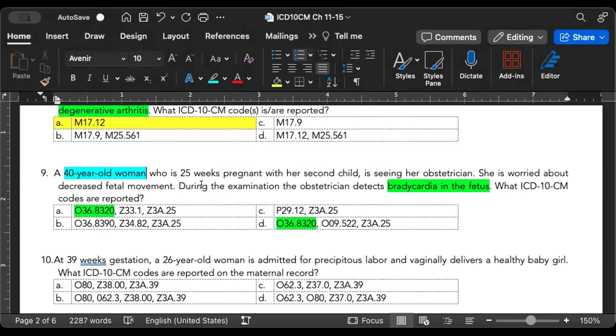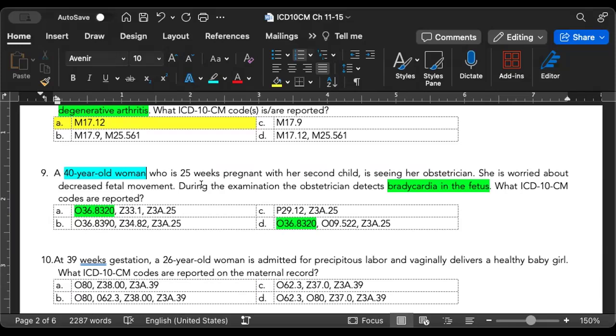So we're going to have to code pregnancy complicated by elderly. And then the two options that you have are multigravida and primigravida. So primigravida, geriatric. Yes, Lauren, thank you.